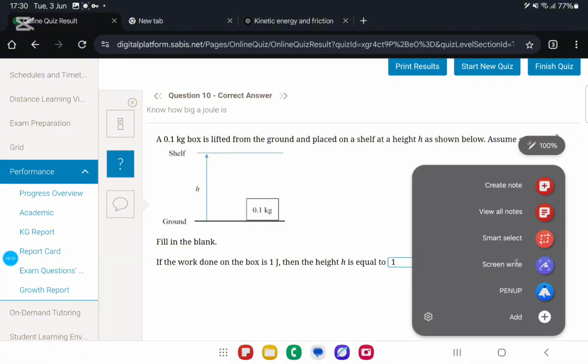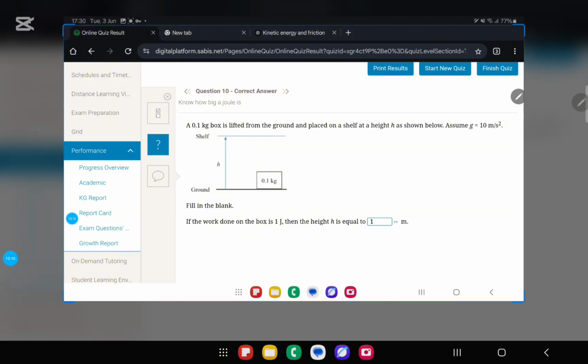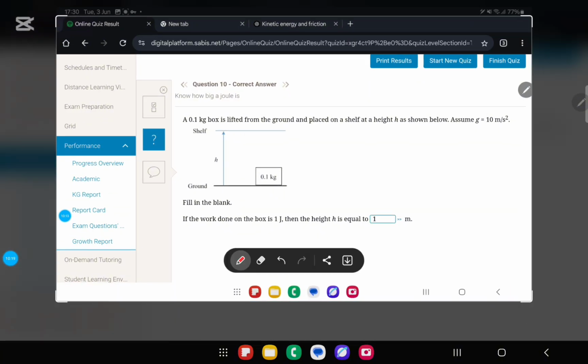Now, this question came last week. A 0.1 kilogram box is lifted from the ground and placed on a shelf at a height h as shown below. Assume g, the gravitational acceleration, equals 10 meters per second squared. If the work done on the box is 1 joule, they gave us the work already, then the height h is equal to what?